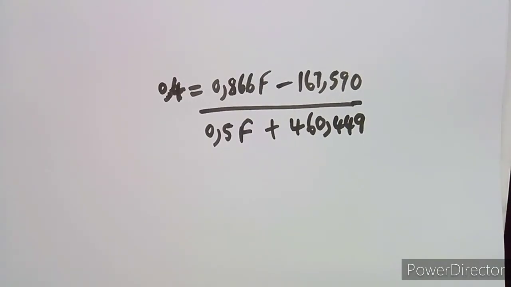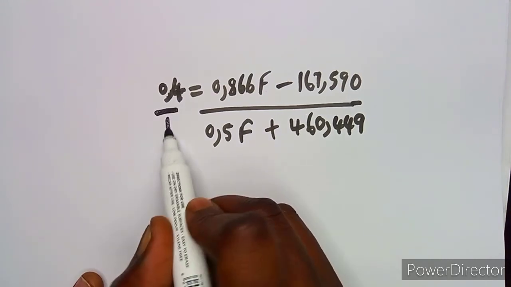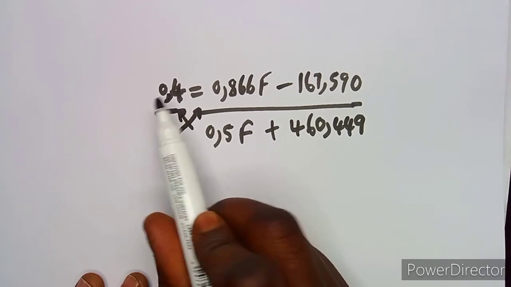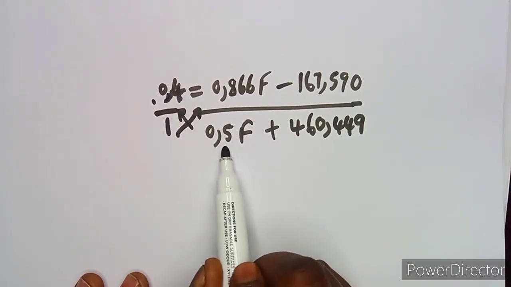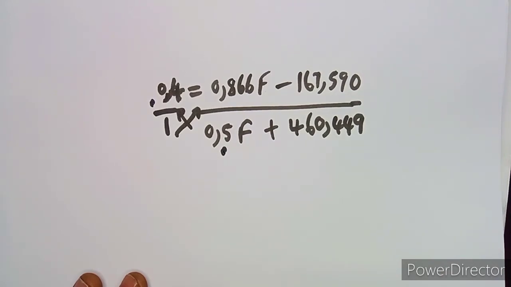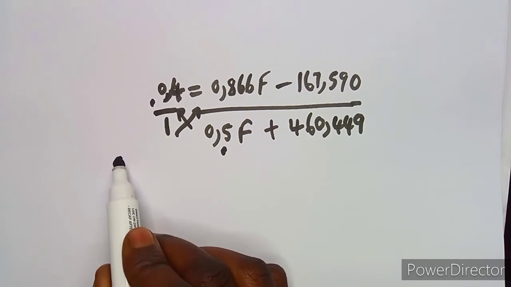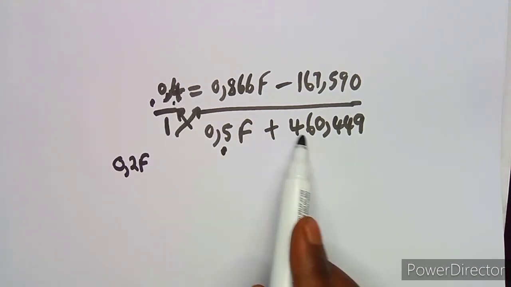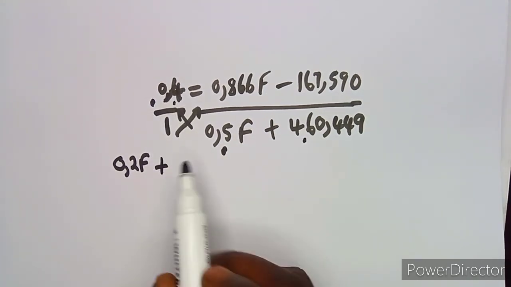So now with this equation that we have formulated, how are we going to solve? This one is just like a fraction, so you can just cross multiply here. Okay, that's 0.4 times 5, so make sure that it multiplies everything. 0.4 times 5 is going to give us something like 0.2f. You multiply again 0.4, and this one multiplies everything, so it's plus.